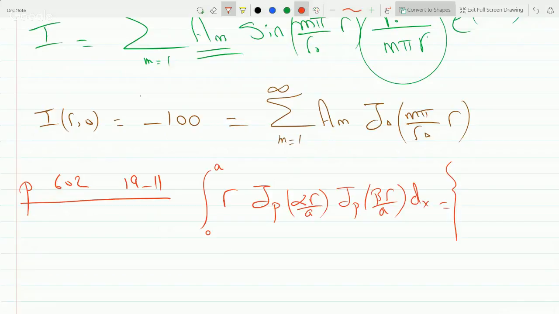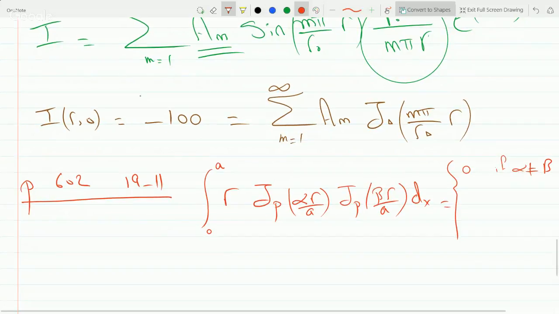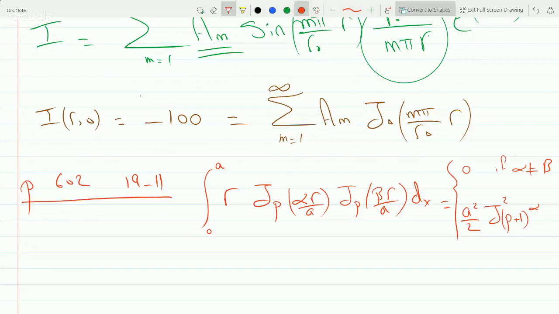This equals 0 if alpha does not equal beta, and it equals a squared over 2 times J_{p+1} squared of alpha, whatever that zero is.